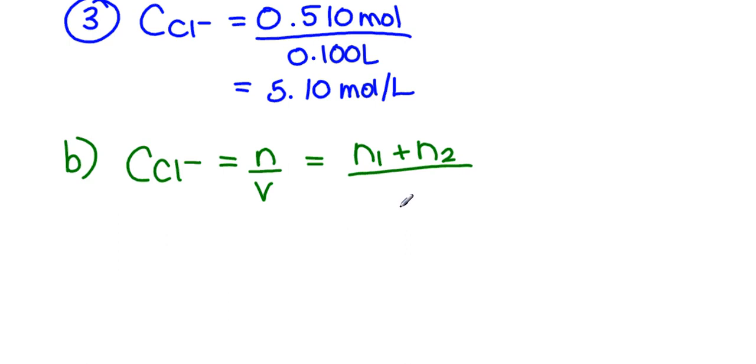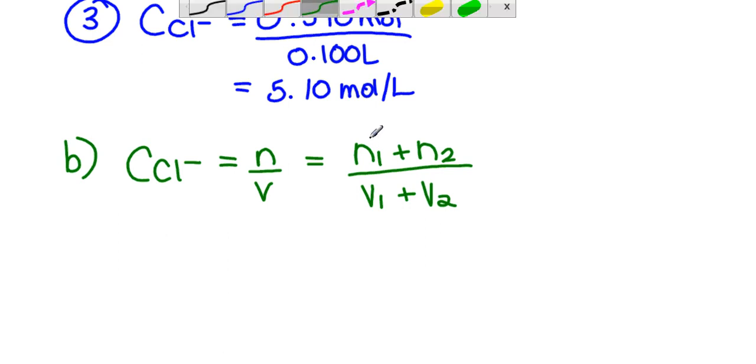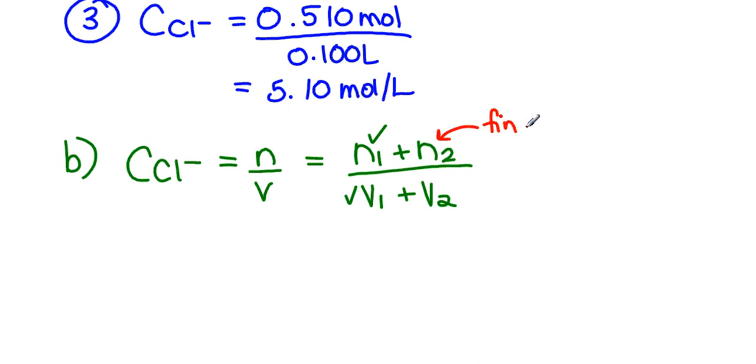And then our volume is going to change because each solution has a different volume. We take volume from solution 1 and we add it to the volume of solution 2. We already have moles of chloride ions and volume from part A, but what we need to find out is moles from the lithium chloride. We do have volume too because that was given to us in the question.